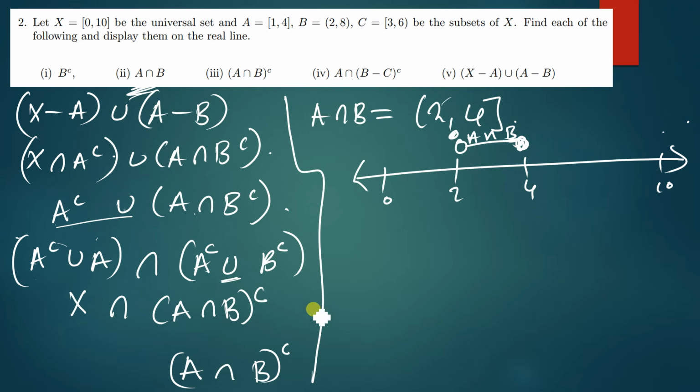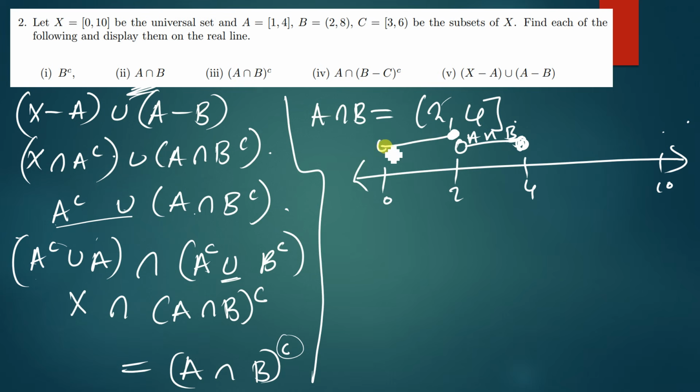okay, we have found A intersection B, which is what we wanted to find there. Now we are trying to find the solution of the whole question, because of this complement, meaning the complement of this set is therefore going to be from, since it's open, meaning 2 is not part of A intersection B, meaning it's going to be part of the complement, we have to shade there to show that 2 is part of the complement.